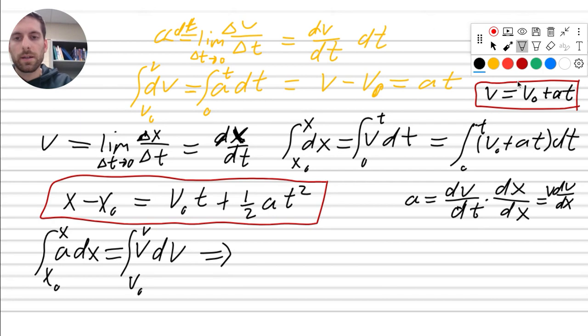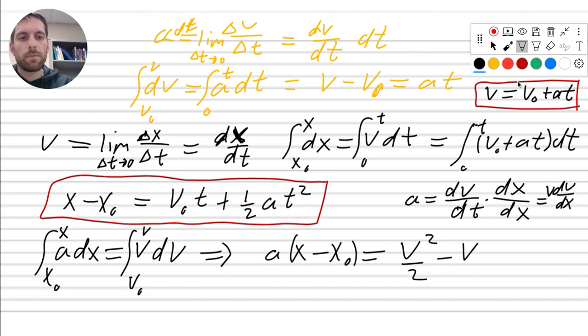And we're going to get some a times x minus x initial, or delta x, equals v squared over 2 minus v initial squared over 2. And we could put the 2 over there if we wanted, but I'm going to leave it as is.